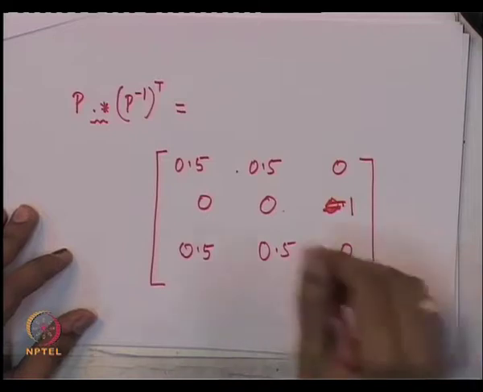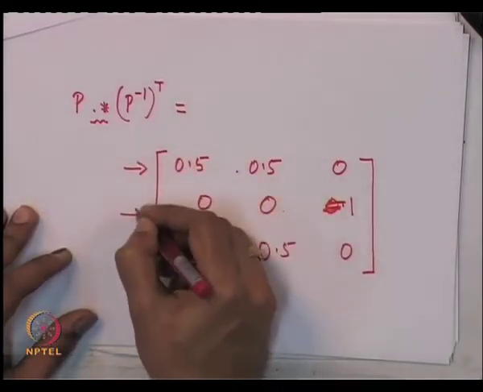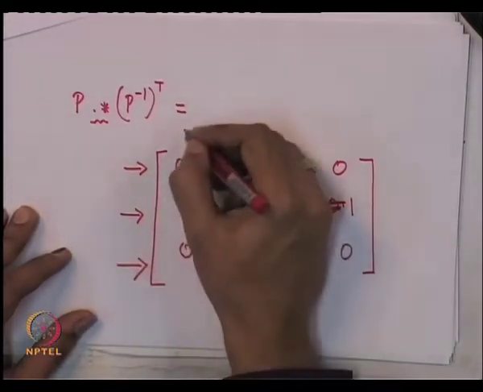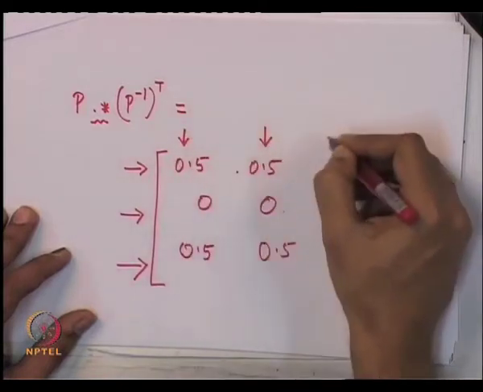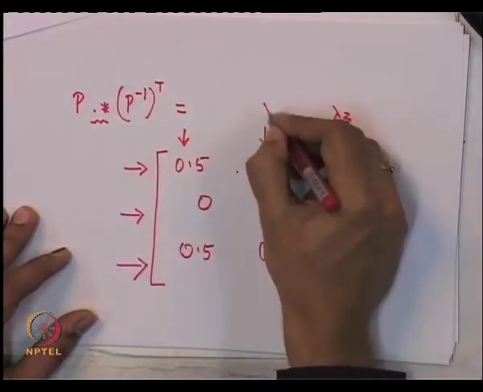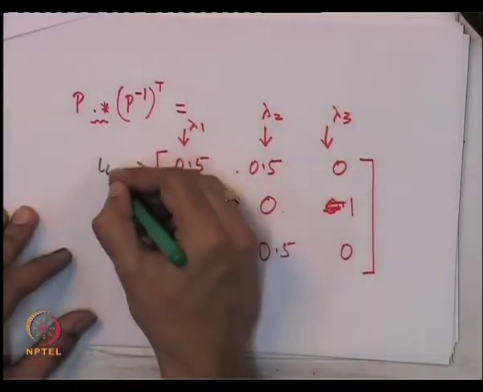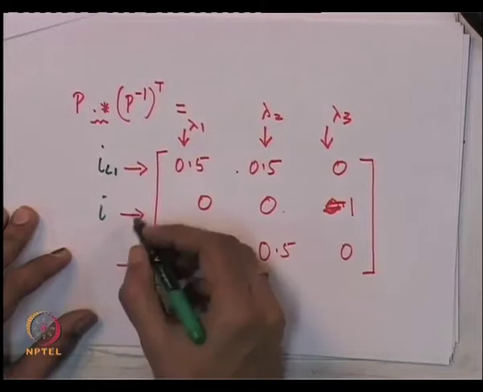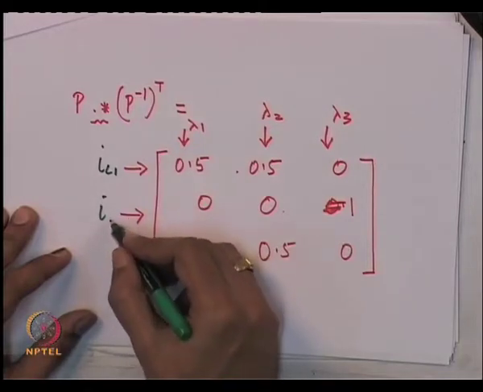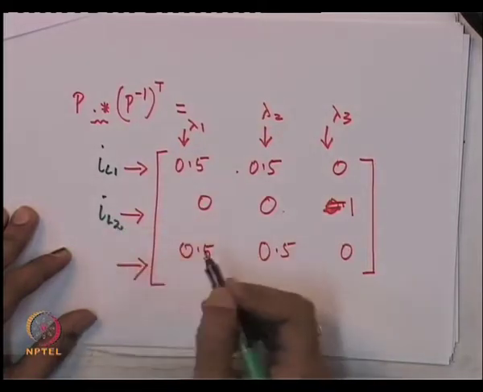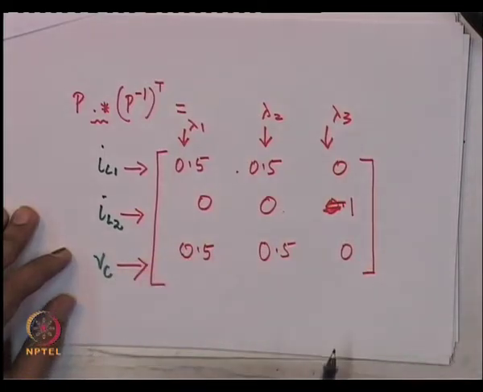What we see here is, of course, corresponding to state 1, state 2 and state 3. This is eigenvalue 1, eigenvalue 2 and eigenvalue 3. This is IL 1, IL 2 and VC.